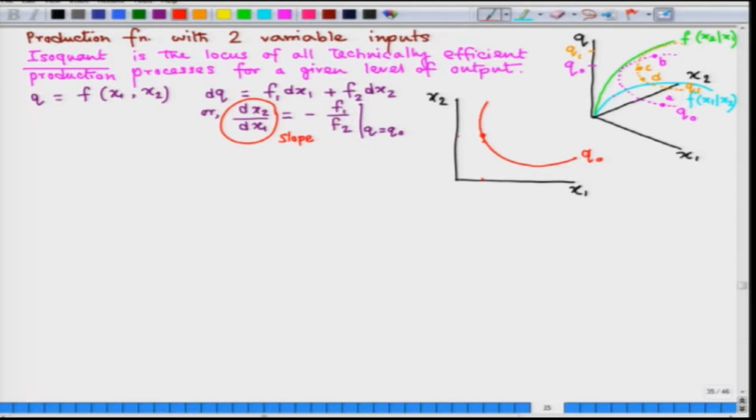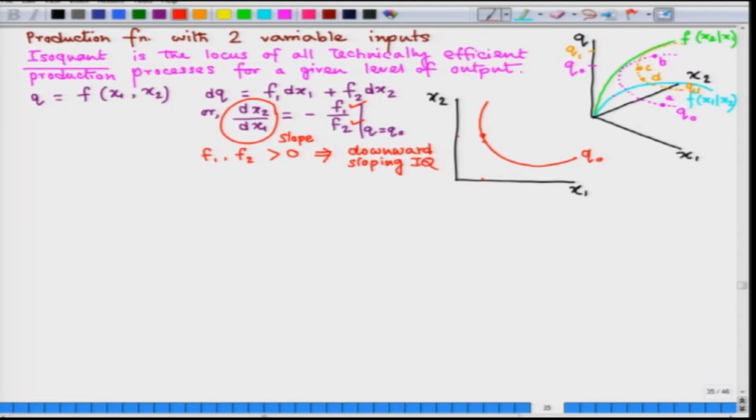So, F1 and F2, these are the marginal products, and we assume that F1 and F2 are both positive. So, we are not in the stage 3 of the neoclassical production function. So, this implies that we have a downward sloping isoquant, and we can abbreviate isoquant as IQ.